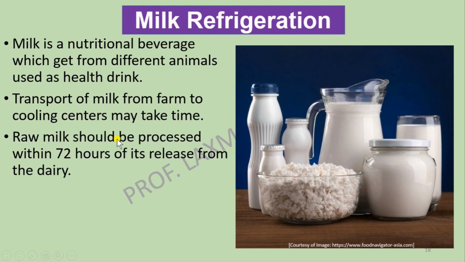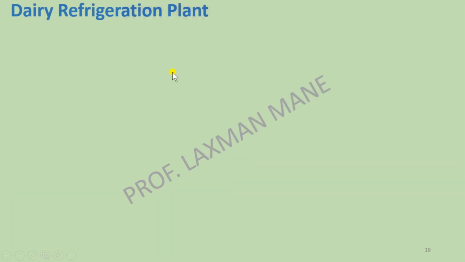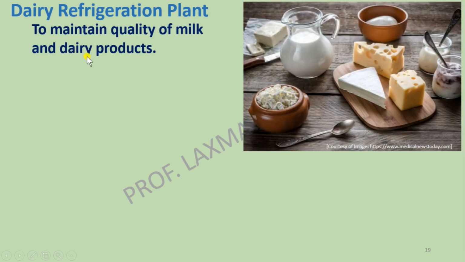So raw milk should be processed within 72 hours of its release from the dairy. Pasteurization is a process that involves heating of raw milk to kill pathogenic germs found in milk. So dairy refrigeration plant is used to maintain quality of milk and dairy products.